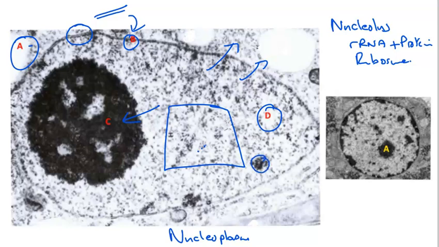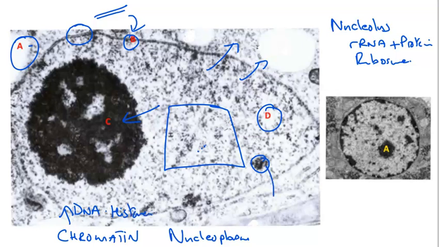Now this is the DNA material itself, known as chromatin, and chromatin is actually a combination of DNA and its associated proteins called histones.